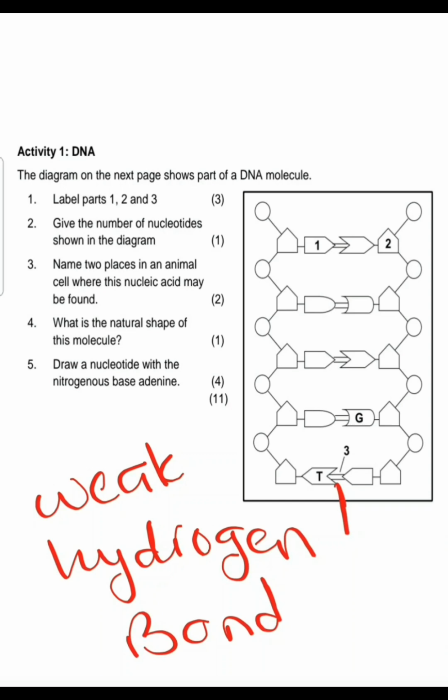Then give the number of nucleotides in the diagram. So how do we count nucleotides, right? So this is 1, because we have a phosphate molecule, we have a sugar molecule, and then we have a nitrogenous base. So we have 1 2 3 so 1 2 3 4 5 6 7 8 9 and 10.